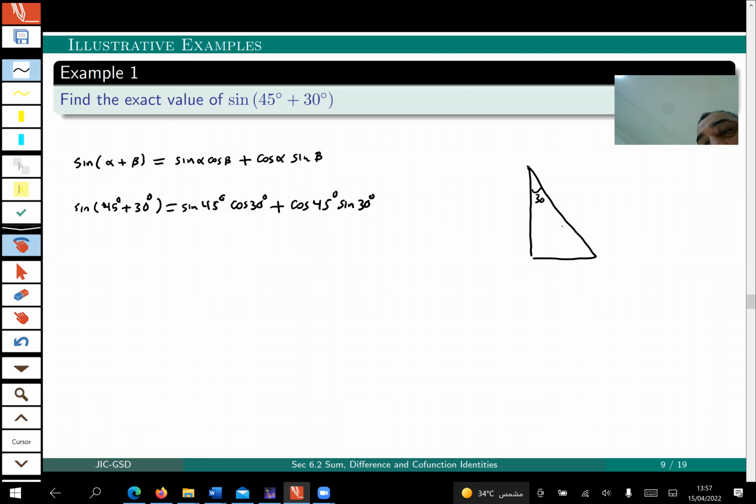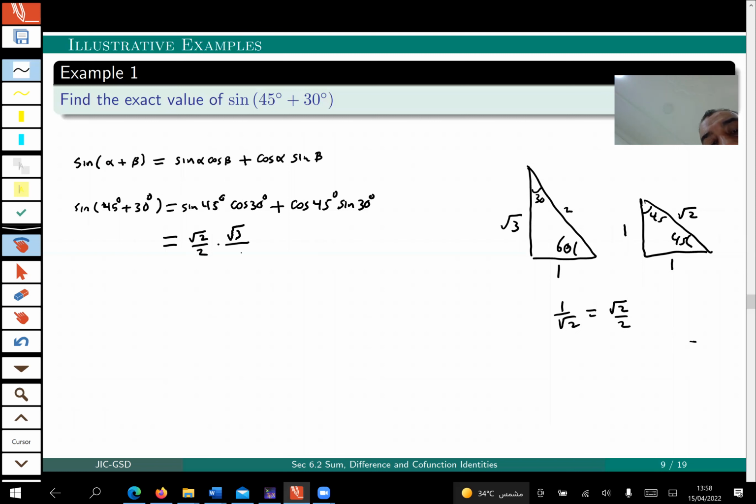Sine 45 is root 2 over 2, cosine 30 is root 3 over 2, cosine 45 is root 2 over 2, and sine 30 is 1/2. So the result is root 6 plus root 2 over 4, and that's the answer.